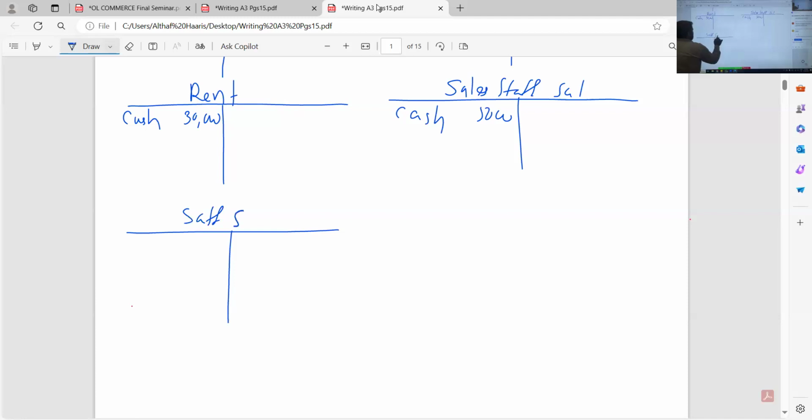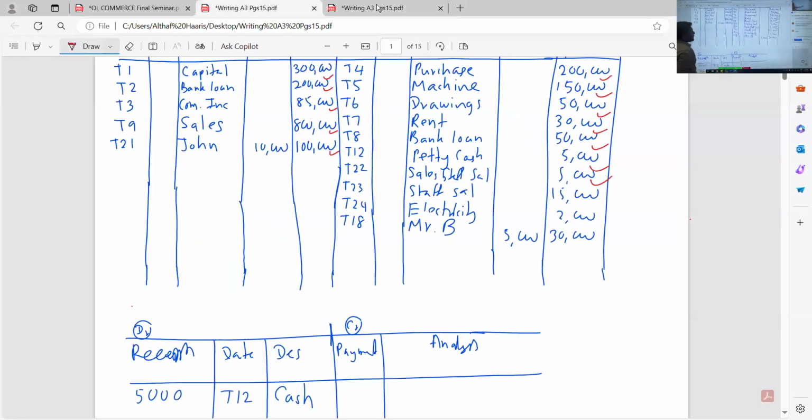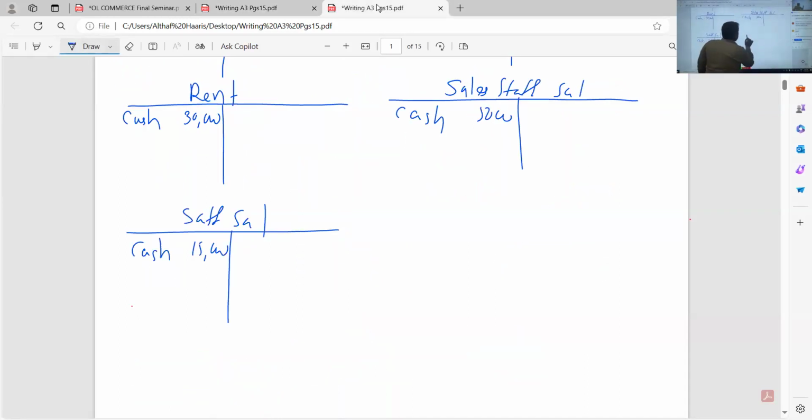Staff salary 15,000. Cash. Done. Electricity 2,000. Electricity 2,000. Cash.